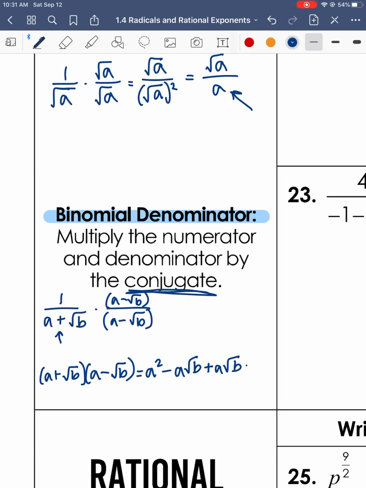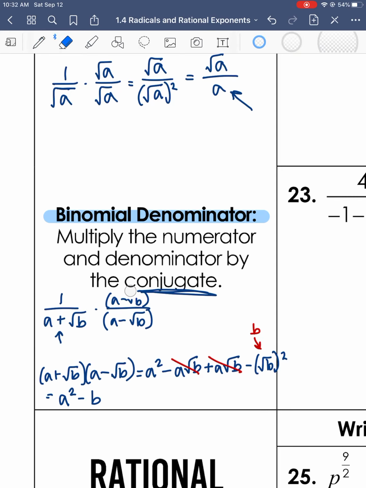And from the last, we're going to get minus the square root of b squared. Okay, so let's do some simplifying here. You can see that negative a root b and positive a root b are going to equal 0. And then this guy here, we're just undoing that radical, so we're going to be left with just b. So simplifying this whole answer, this is going to equal a squared minus b.